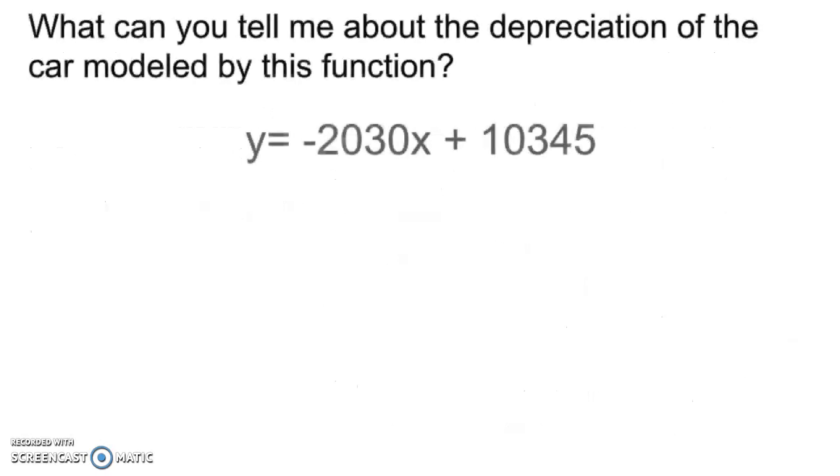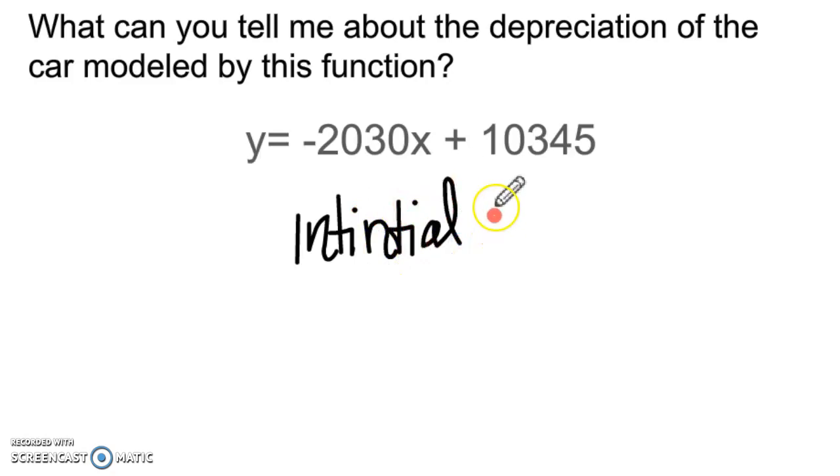All right. So look at this one. See if you can come up with this one. What can you tell me about the depreciation of the car modeled by this function? Again, pause the recording. See if you can answer those questions. What is its initial value? And what is its annual depreciation?